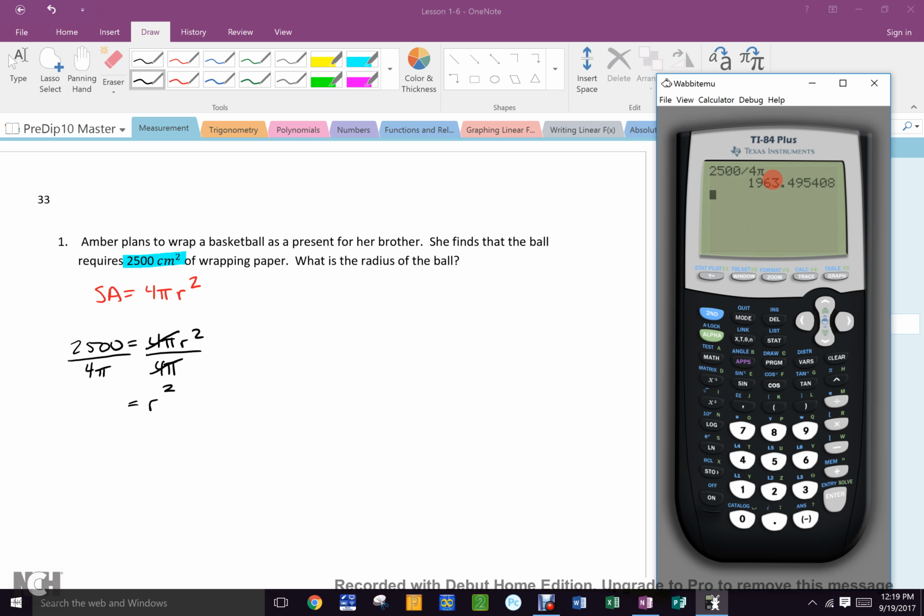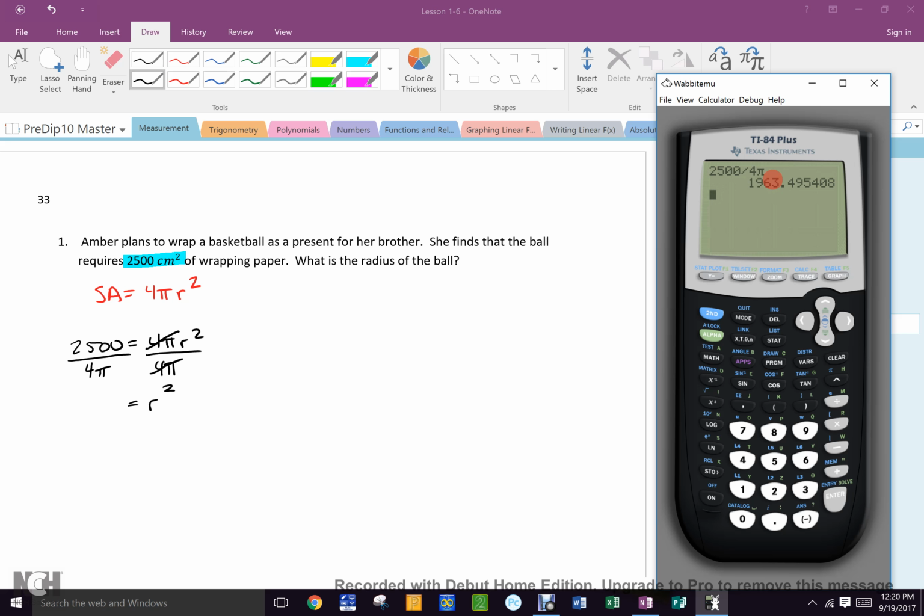Lauren, I would do 2,500 divided by, in brackets, 4 pi. Because what Amshman has done here is he has told his calculator to do 2,500 divided by 4 and that number times pi, because his calculator does BEDMAS.